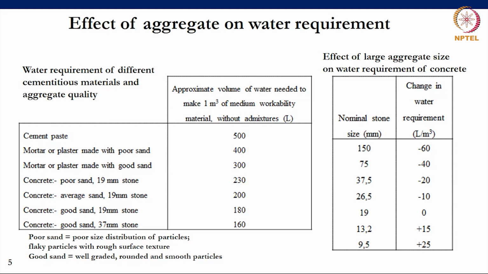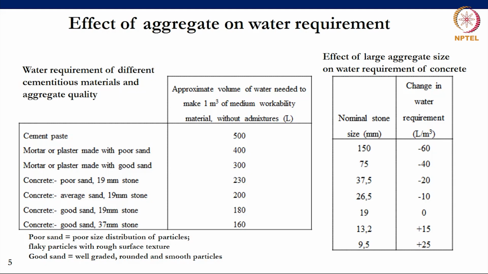A comment, of course, on the large aggregate size is that increasing aggregate size is limited by things like the spacing of reinforcement. And 150 millimeters aggregate size is usually only limited to mass concrete structures such as dams or very large foundations, where you don't have too much reinforcement, or where there is reinforcement, the spacing between bars is quite large.